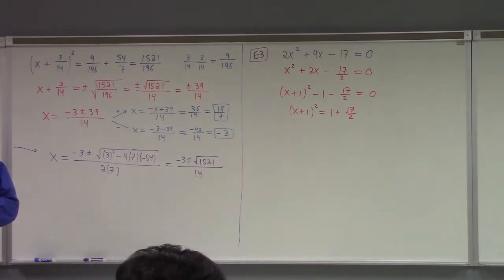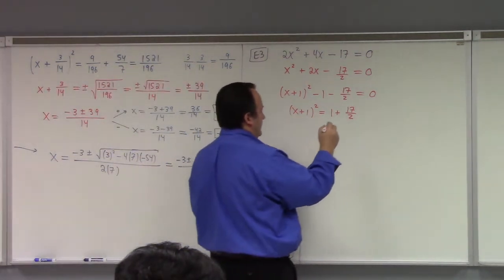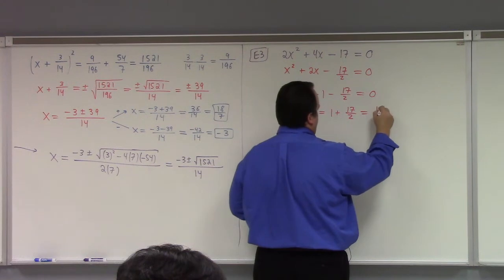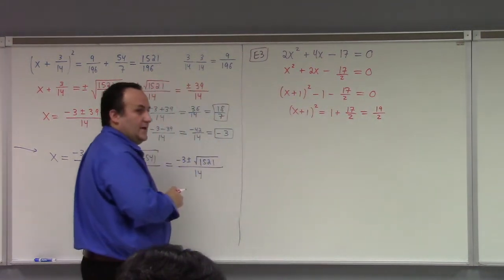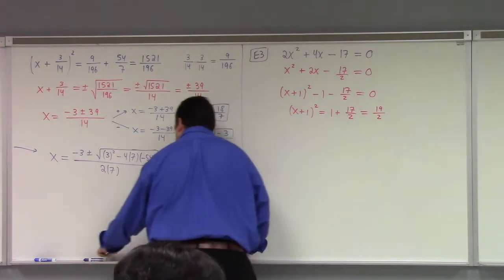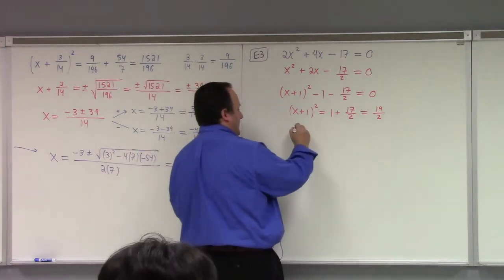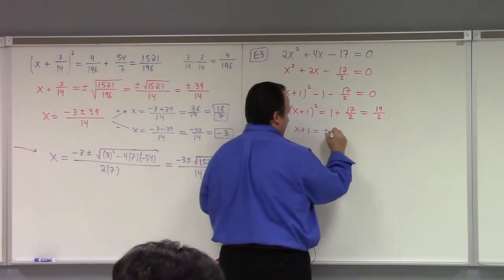So 17 halves plus 1 is 19 halves, right? And so the square root property gives me x plus 1 equals plus or minus the square root of 19 over 2.